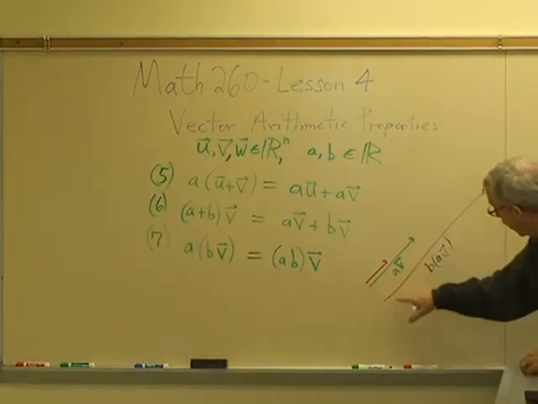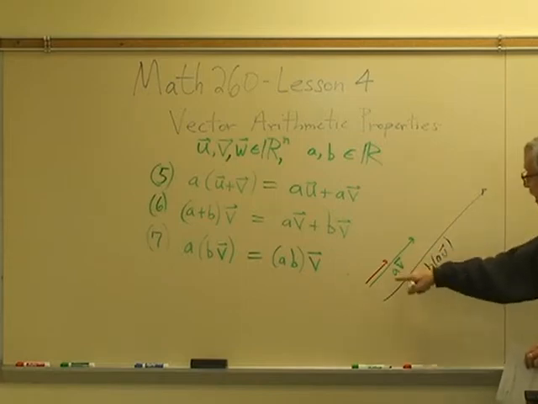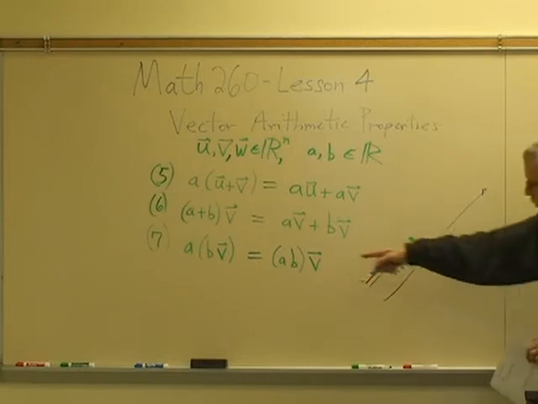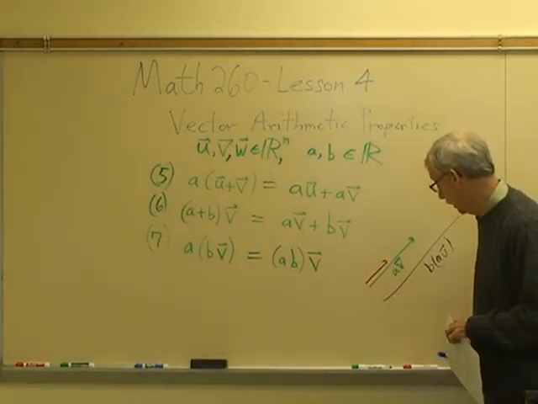This vector is obviously, since I scaled it by a and then scaled it by b, AB times longer than the original vector v. So it makes sense geometrically that all I'm doing is scaling twice.